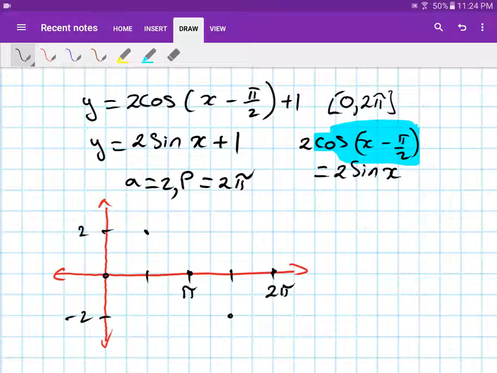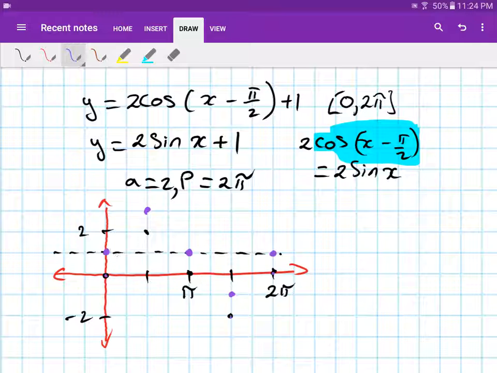But this time, because we move 1 up, we're going to move everything up by 1. So I'm going to use a different color. This 0 becomes 1, 1 becomes 3, 2 becomes 3, and this becomes 1, and this dot here becomes -1, and 0 now becomes 1.